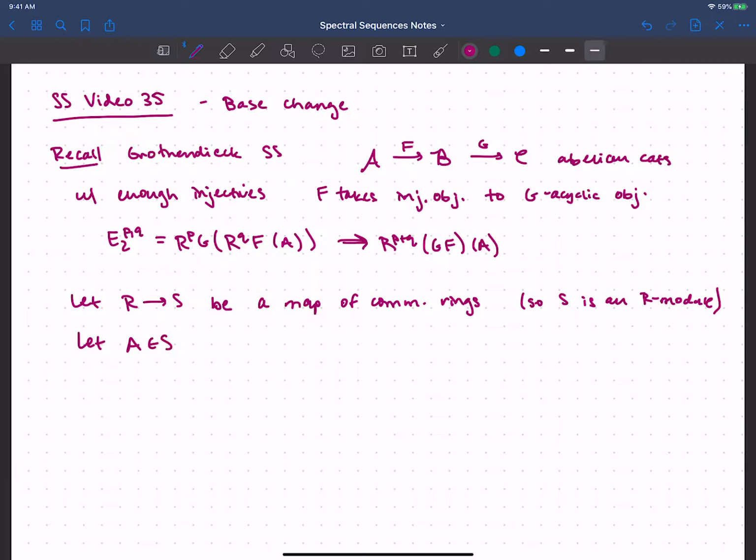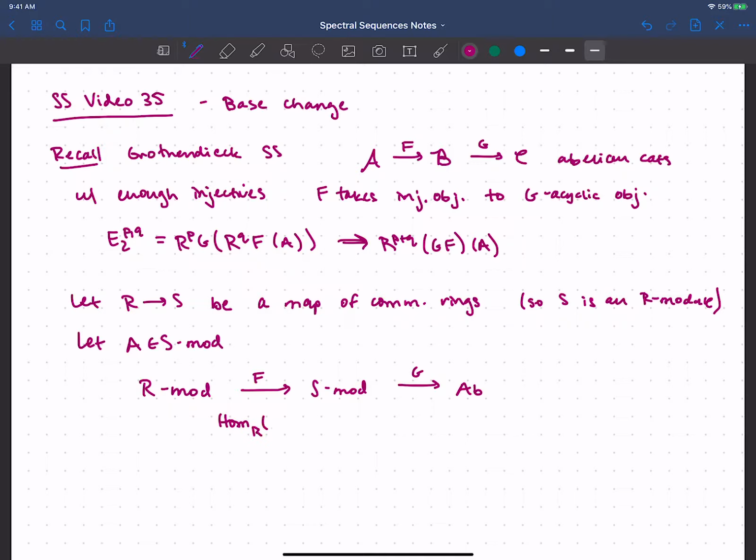Now I want to take some S module and cook up some left exact functors from R mod to S mod to abelian groups. Okay, so these will be playing the roles of F and G in our Grothendieck spectral sequence, and so the whole point is that we'll get a spectral sequence. So what should these functors be?